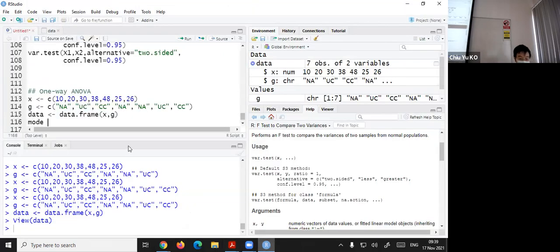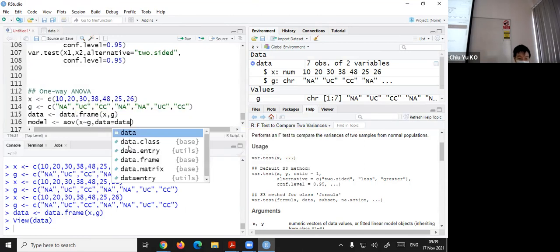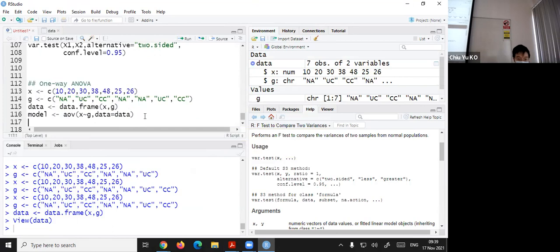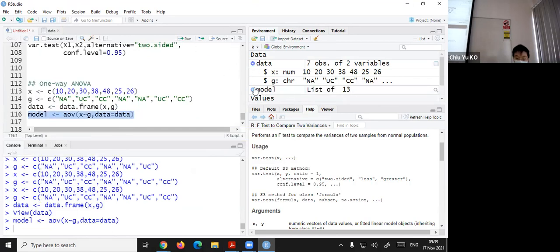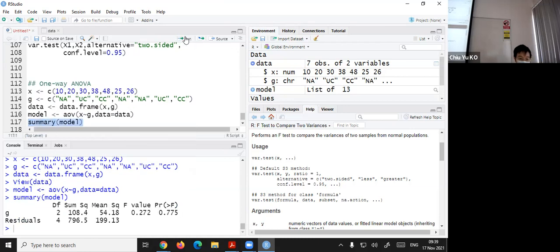We just run Anova here, and the formula is X based on the grouping, and the data is just data. Hopefully it's able to run. And we just do the summary of the model.